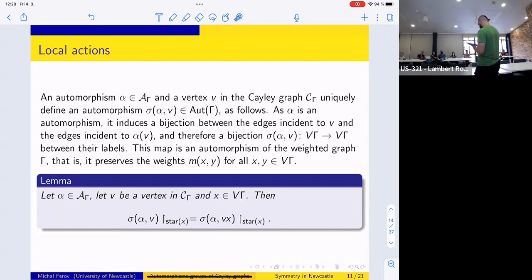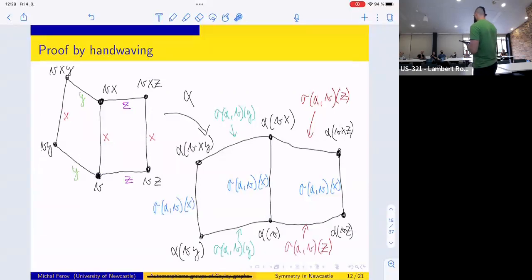When you write it, it does not necessarily come strikingly obvious, but when you start drawing a picture, it is way more obvious, because here I have my V, and alpha takes it here, and now imagine that X goes up this way, and then Y, then V has these neighbors labeled by these two generators. Well, then this square must go to a square. I cannot just rip the square up, or map a square to a hexagon or something.